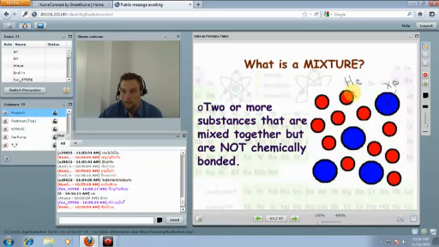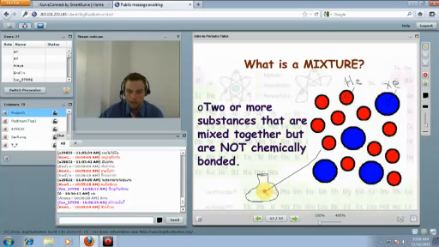Helium is red, xenon is blue. So if you just filled up a little glass bottle with these.